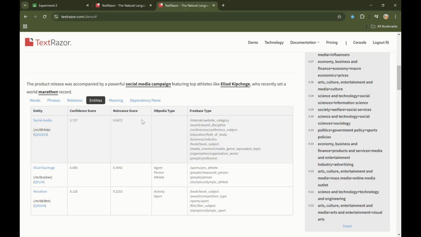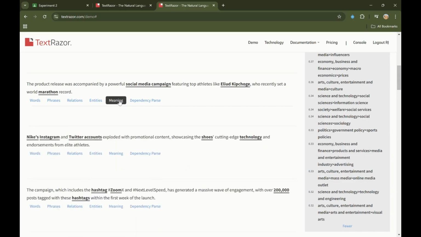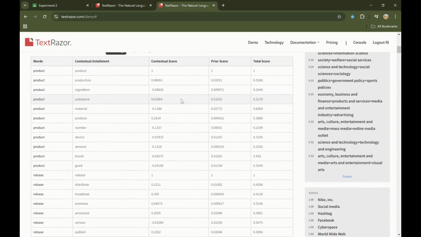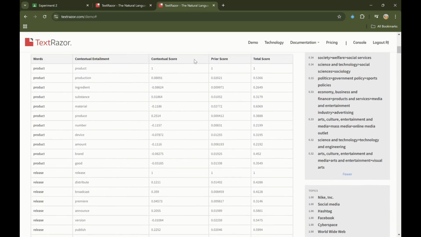Moving on to the meaning category. Again, according to the pre-allotted database that TextRazor has, it allots a certain score or a certain value to each word in relevance or in context to that paragraph. So here, product is given a context as a product and not some ingredient or substance.